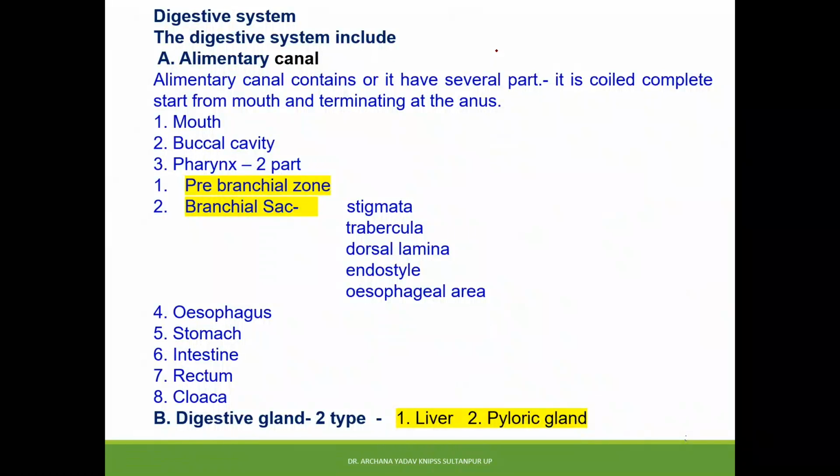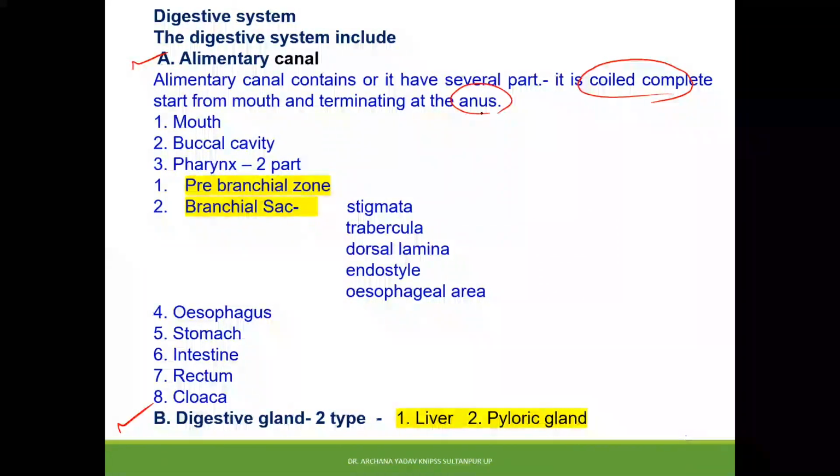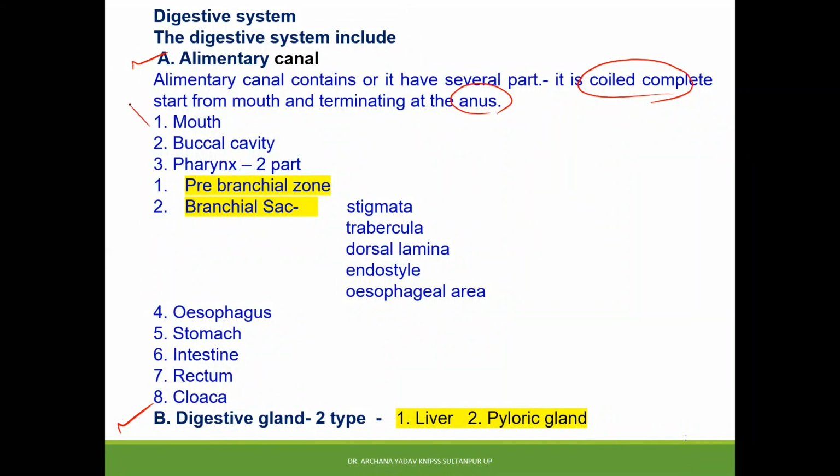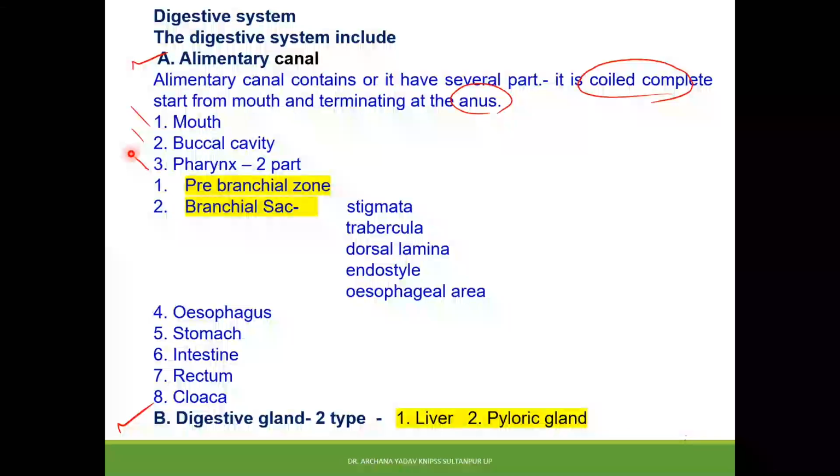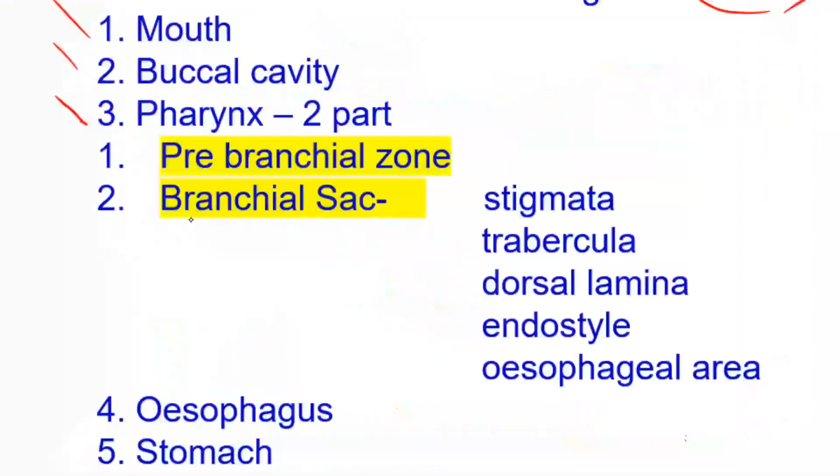Next, the whole digestive system of Herdmania includes two parts. One is the alimentary canal and second is the digestive gland. The alimentary canal is coiled and complete, starting from the mouth and terminating at the anus. So the first part is the mouth, second is the buccal cavity, third is the pharynx. The pharynx is divisible into two parts: one is the prebranchial zone, second is the branchial sac.